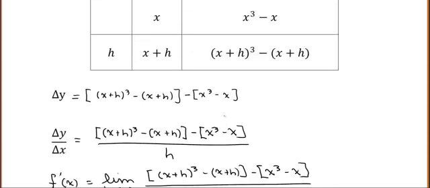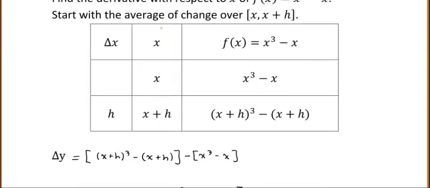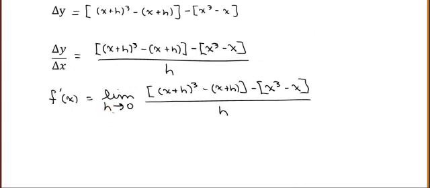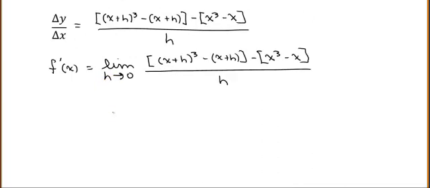Remember, the idea is that basically we have smaller and smaller changes in x, so that as h goes to 0, the change in x from the left end of the interval to the right end of the interval gets smaller and smaller until when h approaches 0, there's no change whatsoever.